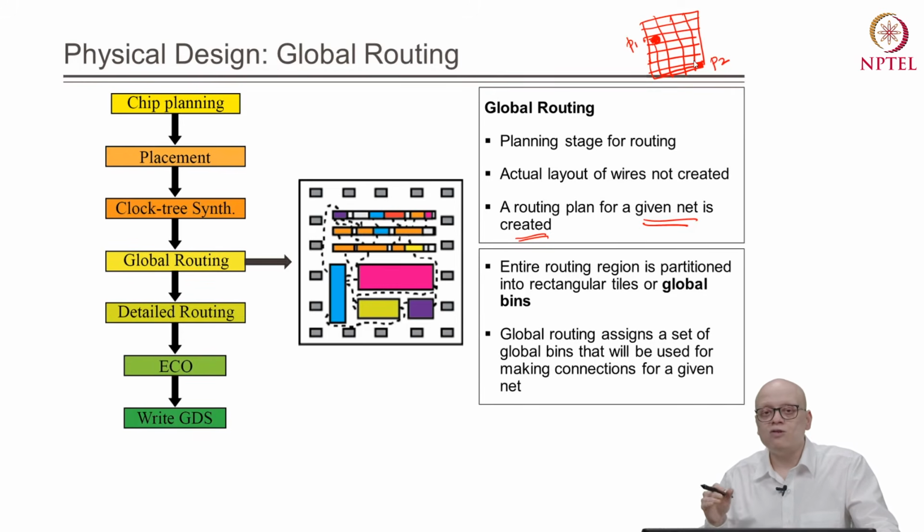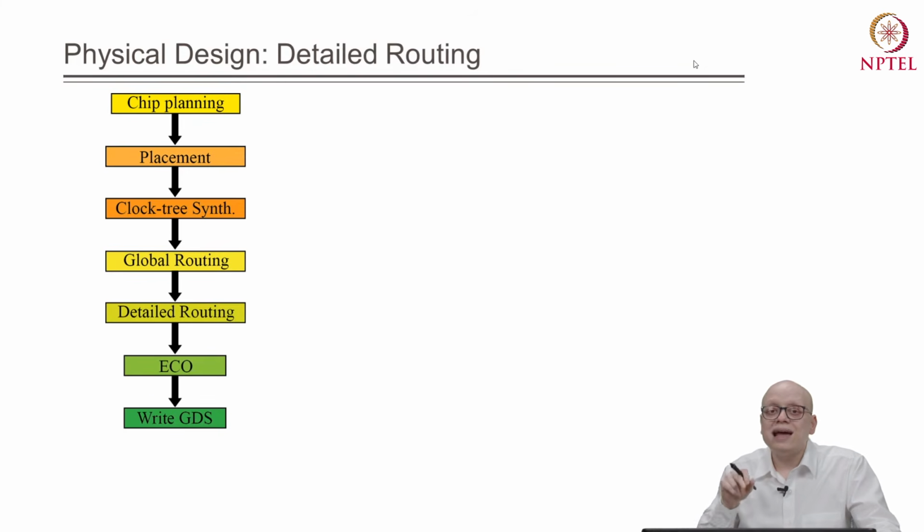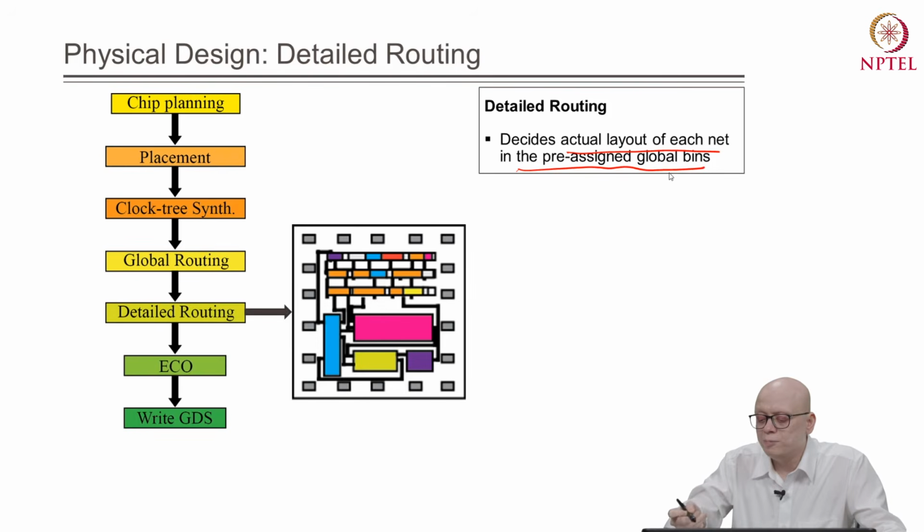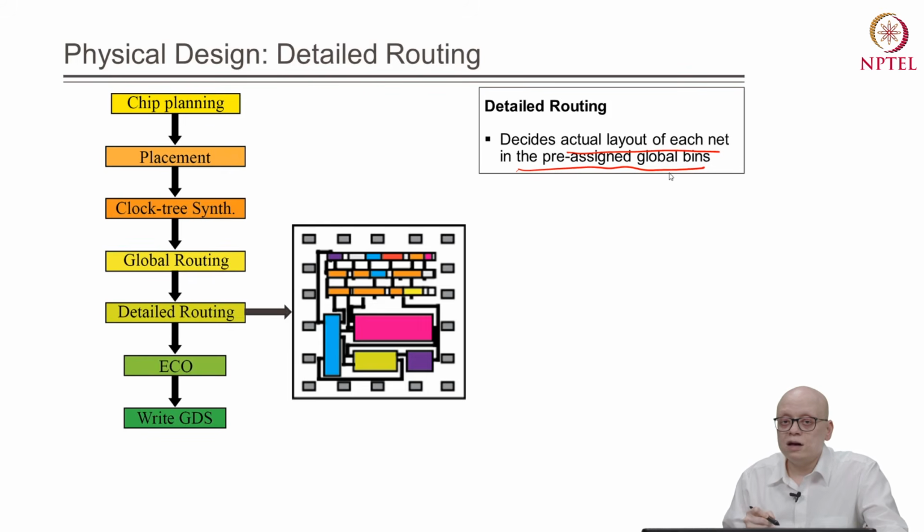Global routing is just planning that I will go through these regions, and detailed routing then goes into deciding the actual wires or the layout of the wires. So, detailed routing decides the actual layout of each net in the pre-assigned global bins, and these global bins were decided by the global routing step.